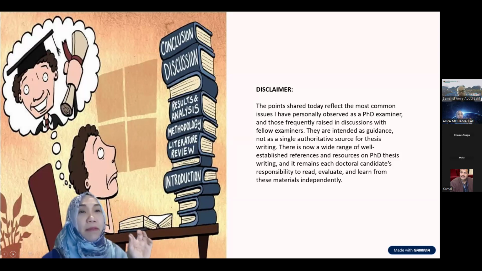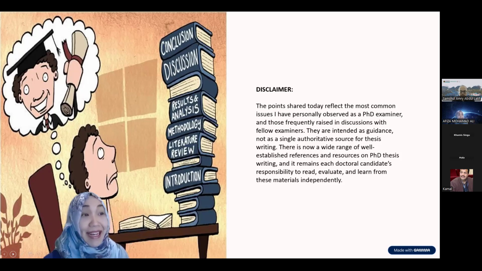Sometimes towards the end, the supervisors think that the student has satisfied the minimum requirement to submit, but there is more to be done. There are many reasons why they let the student submit, but as an examiner, I am able to see it through a different lens. As a supervisor, I may not be able to see it, and the students may not be able to catch those errors. But as an examiner, these are the frequently raised areas in discussions with other examiners as well.